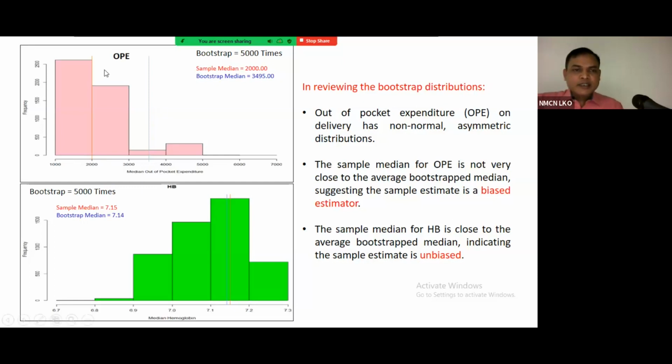So here in the first diagram, we can see the difference between the sample median and the bootstrap median. But in the case of hemoglobin, both medians are very close, and the distribution seems to converge towards the normal distribution.